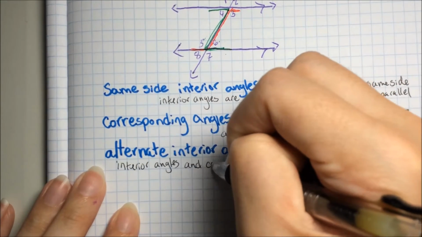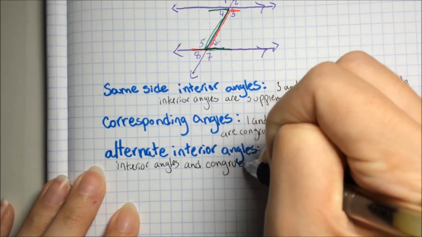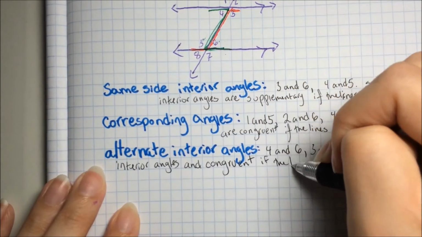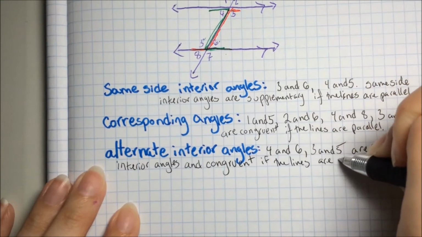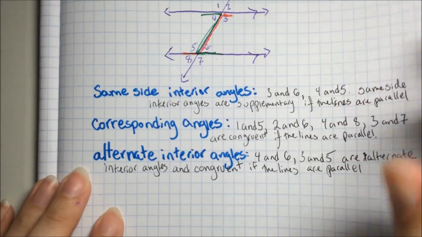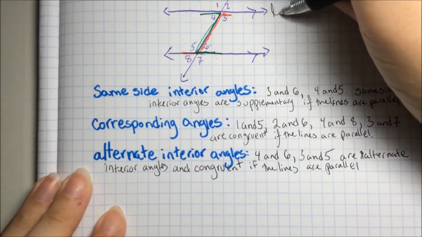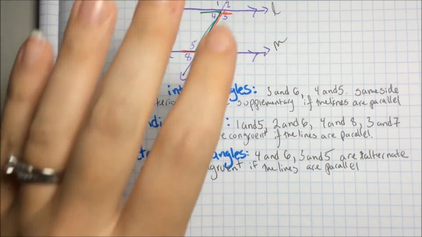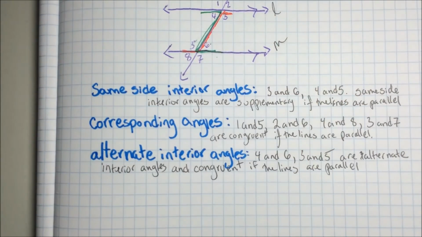And congruent if the lines are parallel. So these angle relationships only exist if these two lines are parallel. Okay? If they're not parallel, none of this is true.